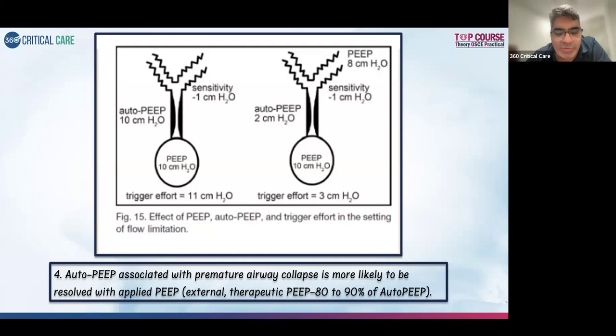If it is a trigger issue, what type of trigger issue out of those four, like auto, reverse, double, etc. If it is a flow issue, what type of flow issue, high flow or low flow. And then there may be coexisting things, like you saw double triggering along with a low flow state, or flow starvation or flow scalloping present with a double trigger. So there may be coexisting things there.